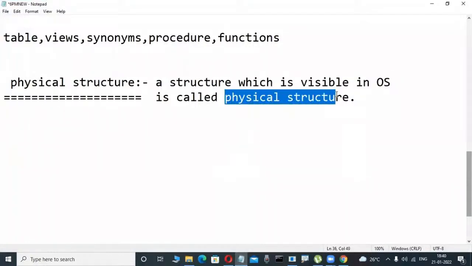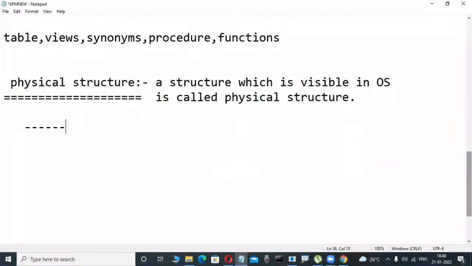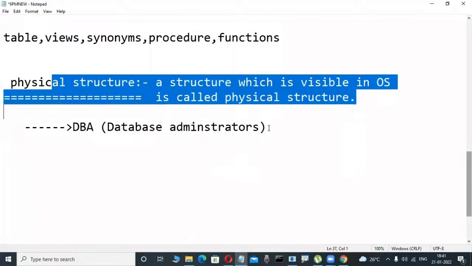But the physical structure, you are not working, I am not working. Some different type of persons are working. Who? The DBA, the database administrator. In project side, some other type of persons are there in a database. Database administrators only work in the physical structure.